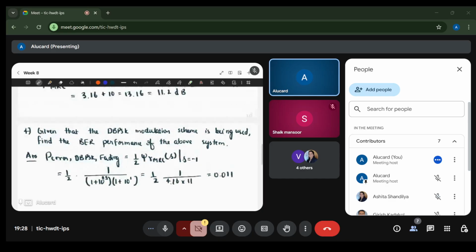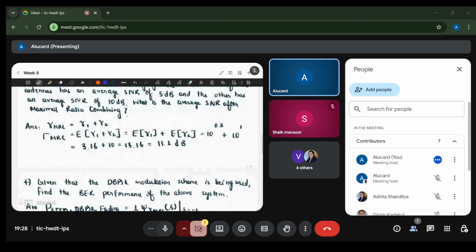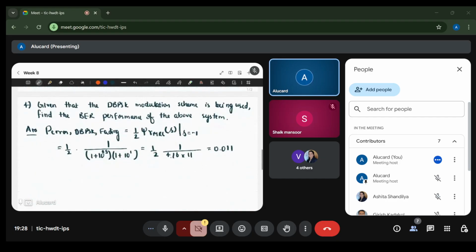Again, in your assignment, you will have different numerical values, but the method of solving it is the same. Formula is the same.